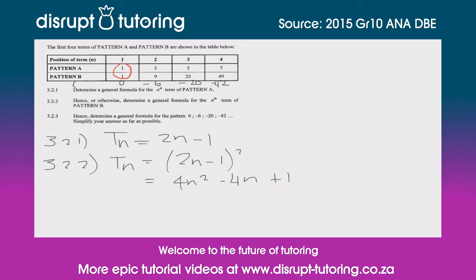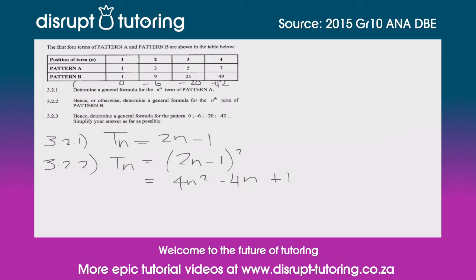So I've got 1 minus 1 is 0, 3 minus 9 is minus 6, 5 minus 25 is minus 20, and 7 minus 49 is minus 42. So it seems that this new pattern that they've given us is the first pattern minus the second pattern. Now, the beautiful thing is, we have found the general terms for the first two patterns, and what the third pattern would be is going to be the difference between them.